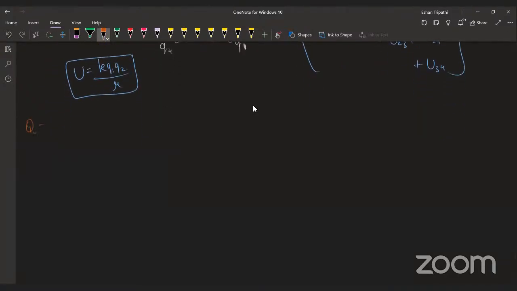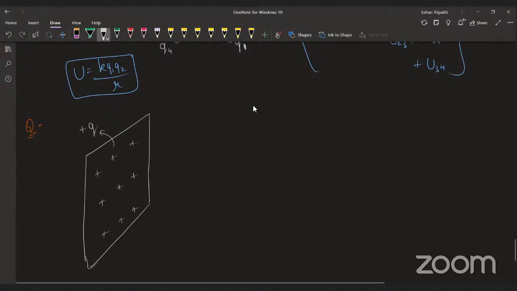So can you guys tell me if this is the question? There's an infinitely large charge sheet. Sorry, plus sigma. Sigma is its charge density.